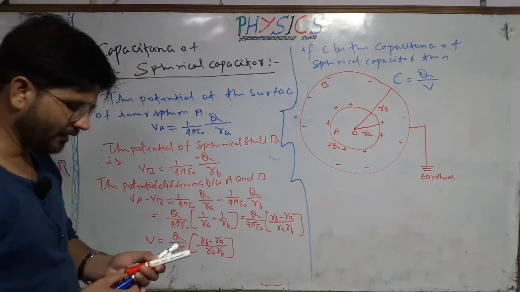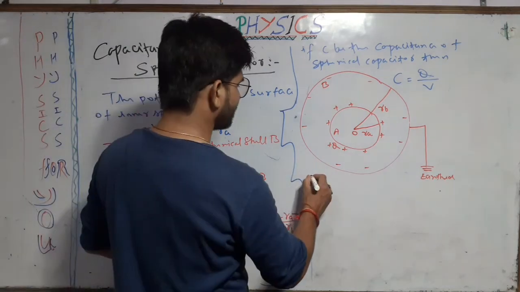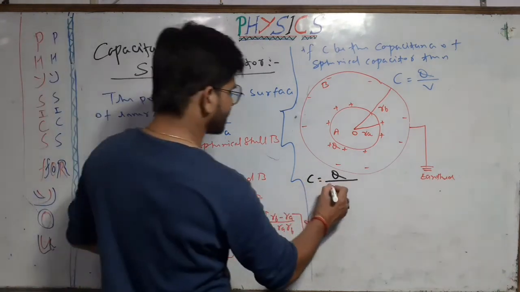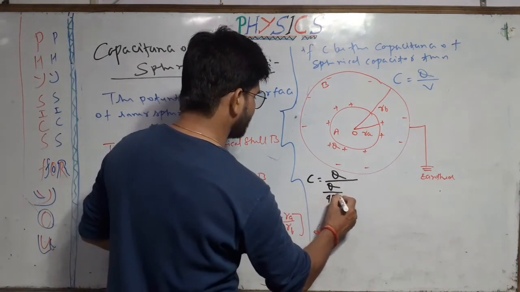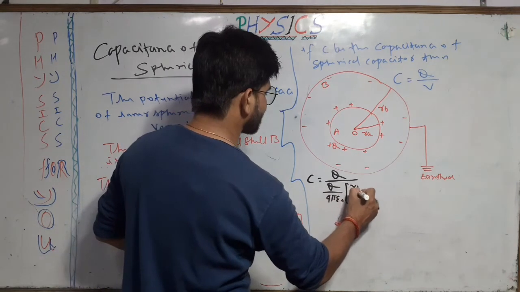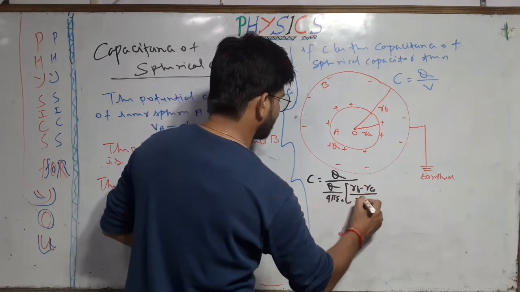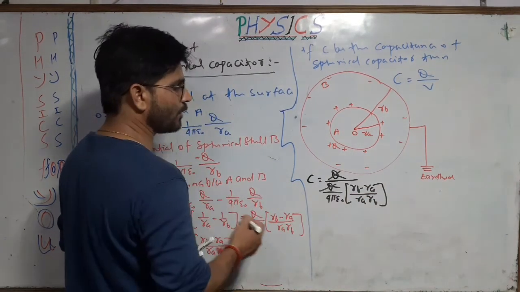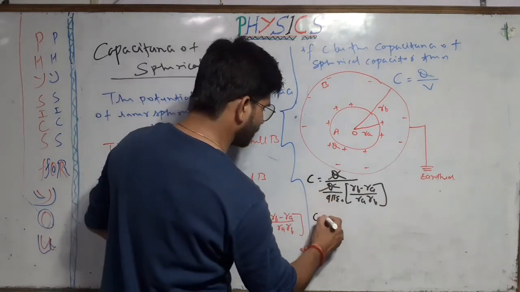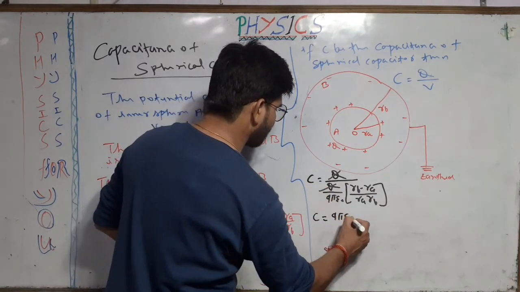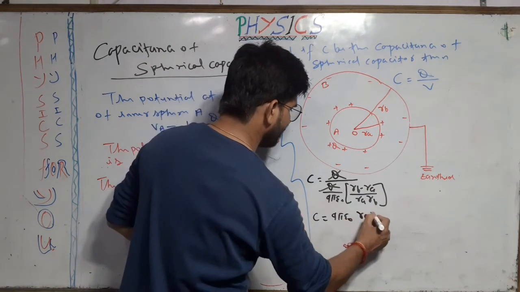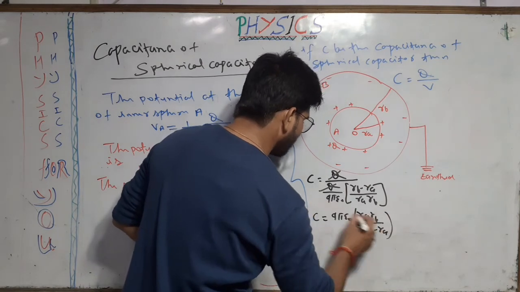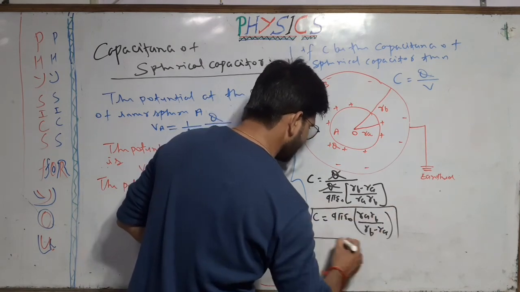So C equals Q divided by V, which is Q upon 4 pi epsilon naught in bracket Rb minus Ra divided by Ra Rb. You can see that this Q and this Q cancel out. Now C is 4 pi epsilon naught Ra Rb upon Rb minus Ra. This is the final formula of capacitance.